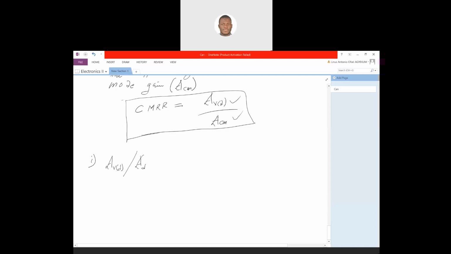You can decide to make it AVD or AD. Anyhow you write it, because different books write it differently. In some books, you will see A subscript V into brackets D. In some books, you would see A subscript D.